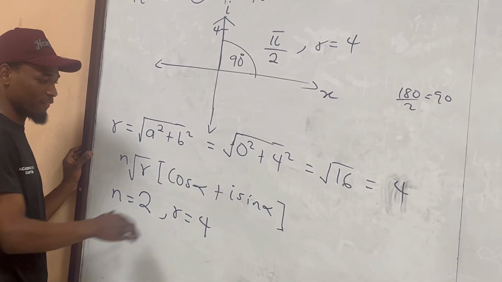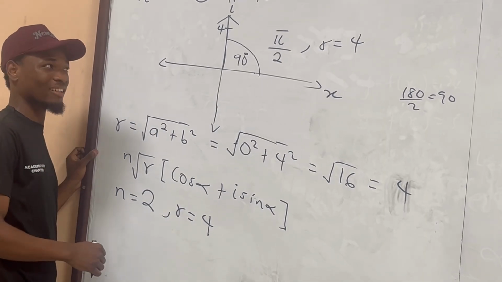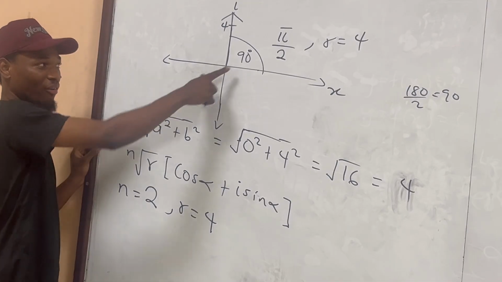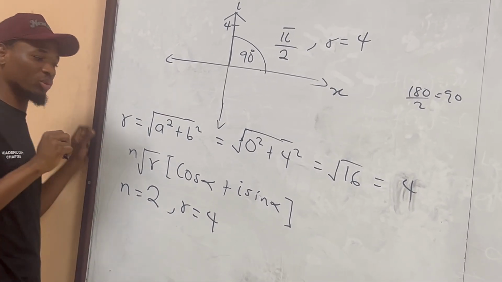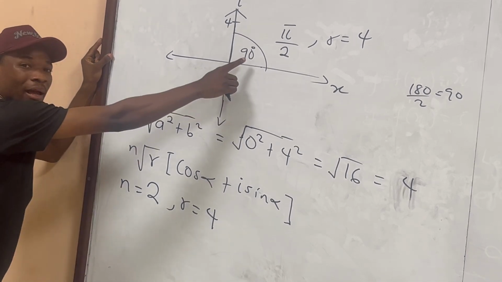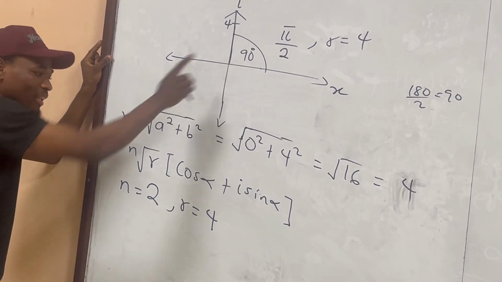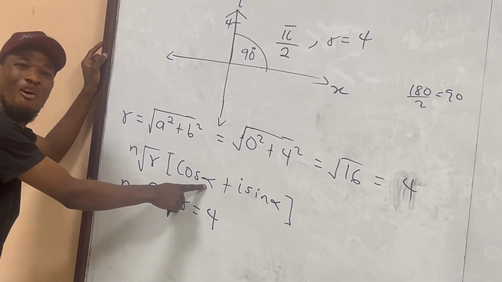What can we also do here? Let's look for the angle. We have pi on 2, right? That is the angle theta. But we are not looking for theta, we are looking for alpha.